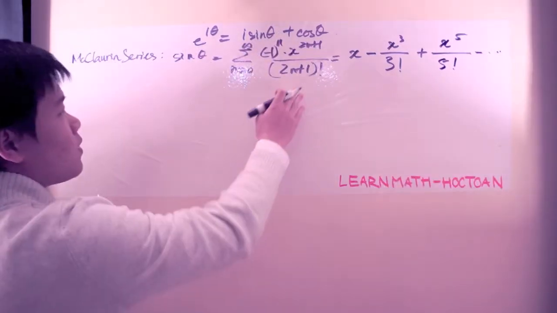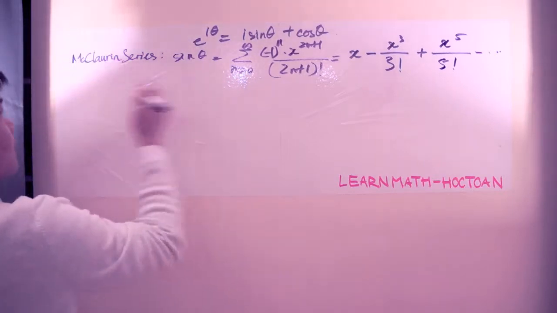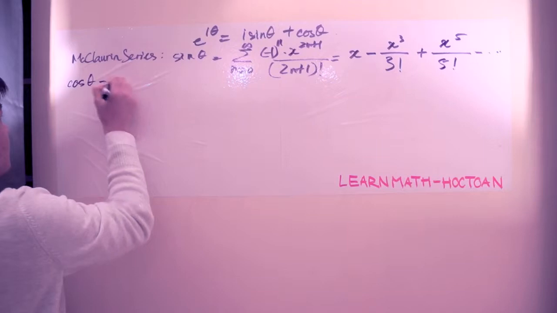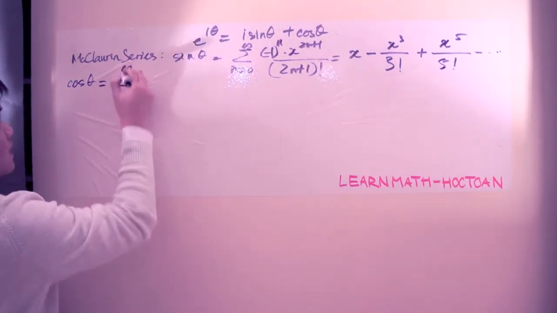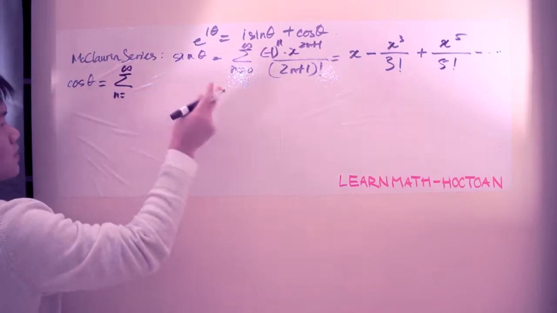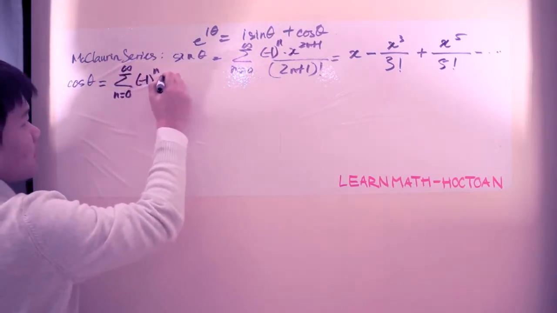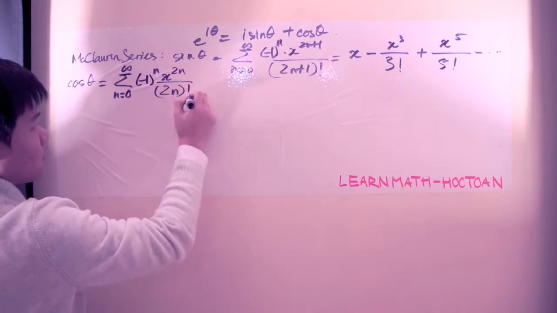Now we have sine theta, so let's look at cosine theta. The Maclaurin series for cosine theta is the sum from n equals 0 to infinity of minus 1 to the n times x to the 2n over 2n factorial.